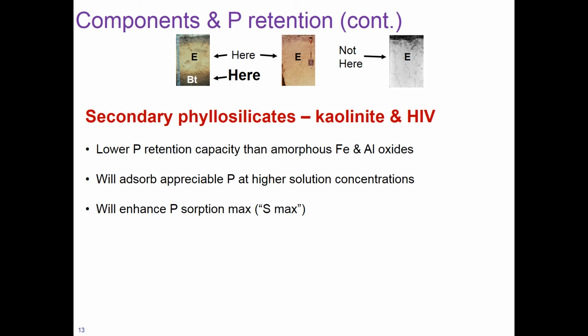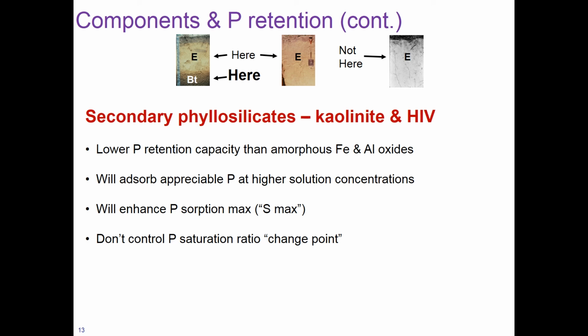Even though they will absorb phosphorus at higher concentrations, these concentrations are not particularly environmentally relevant, as soil solutions are not going to experience those concentrations. Therefore, the full absorption capacity of the soil at those higher concentrations is not particularly relevant for environmental considerations.